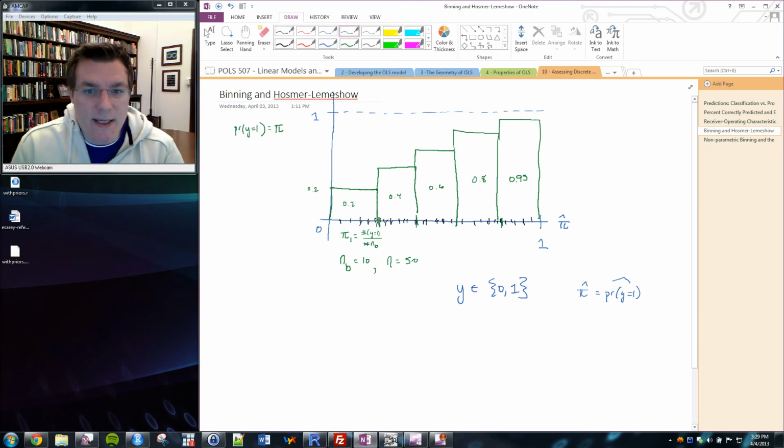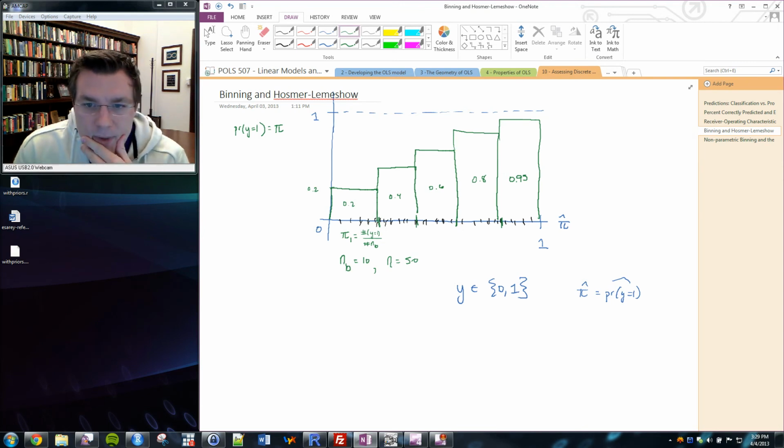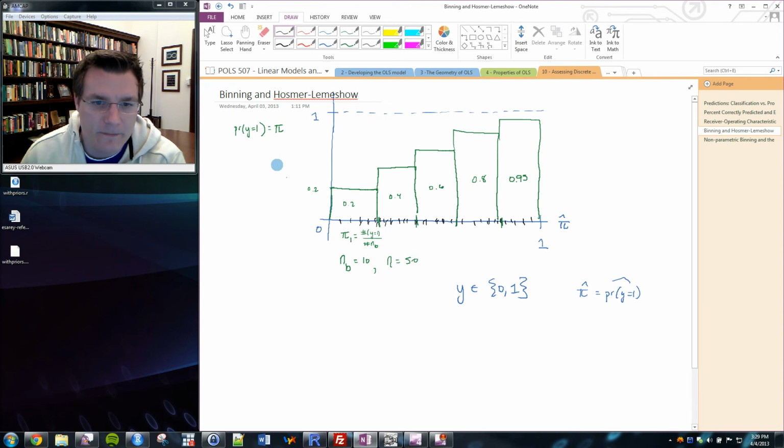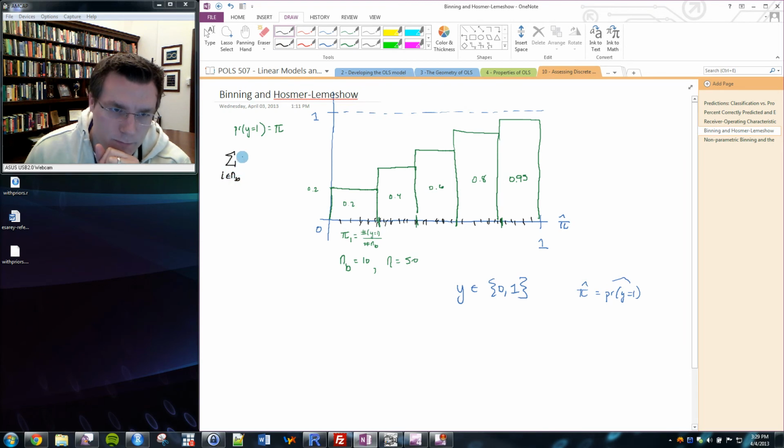Then what we do is say, okay, is the average pi hat the same as the average pi in this bin? So the average pi, or probability that y equals 1, is just going to be equal to, for each bin, actually, better to write it the way I originally wrote it.